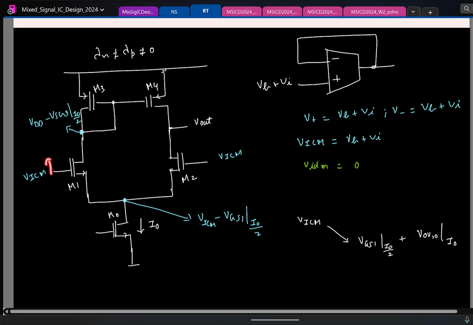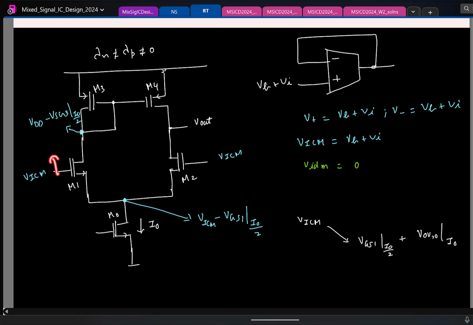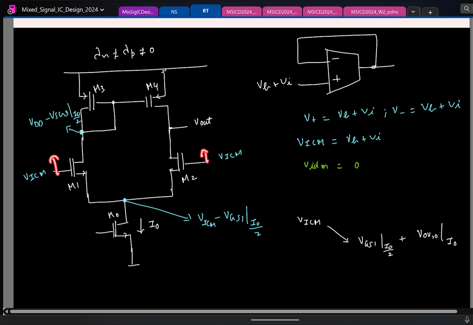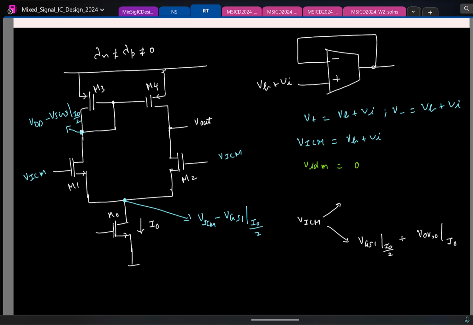Now if I keep increasing this, which transistor can go out of saturation? M1, because M1, M2 both, right? They are identical, because if I increase the gate voltage here, for NMOS transistor that's a problem. So what is the maximum the gate can go to? What is the maximum the gate voltage of an NMOS transistor can go so as to keep the device in saturation?